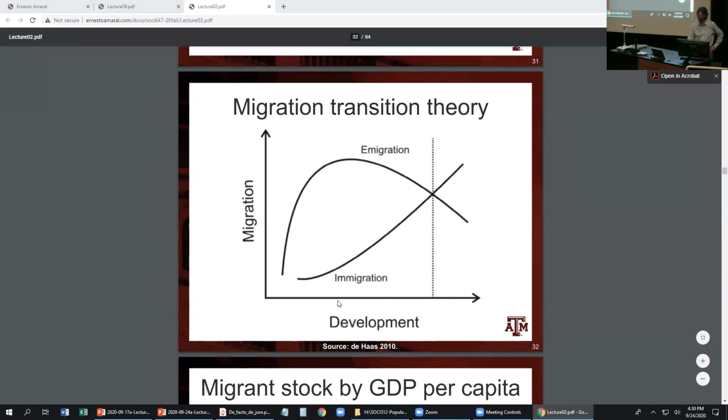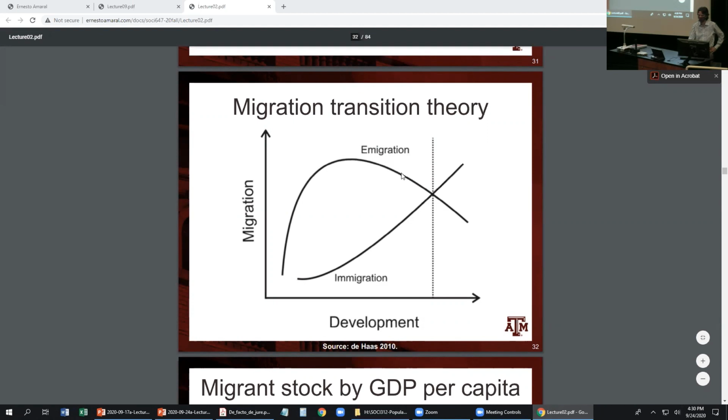As development increases, specific countries try to attract more people, so immigration increases. And areas that have a really low level of development, people don't even have the means to get out, but as they start to develop, people start to have higher chances to move out.